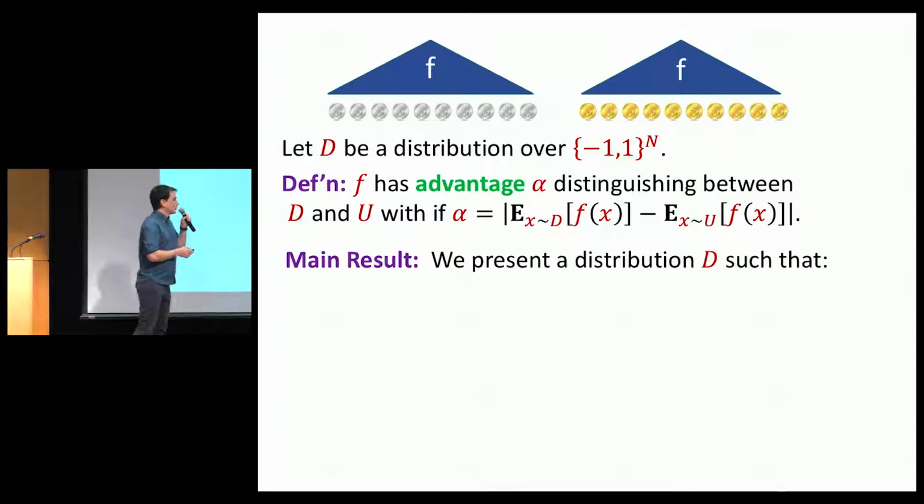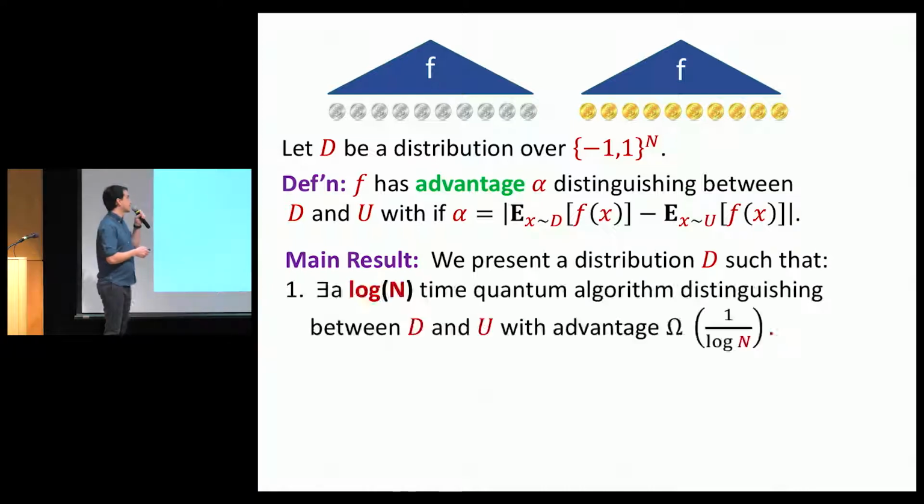We present a distribution D such that there exists a super efficient quantum algorithm running in logarithmic time that can distinguish between D and U with advantage at least 1 over log n. So the difference between the acceptance probabilities would be at least 1 over log.